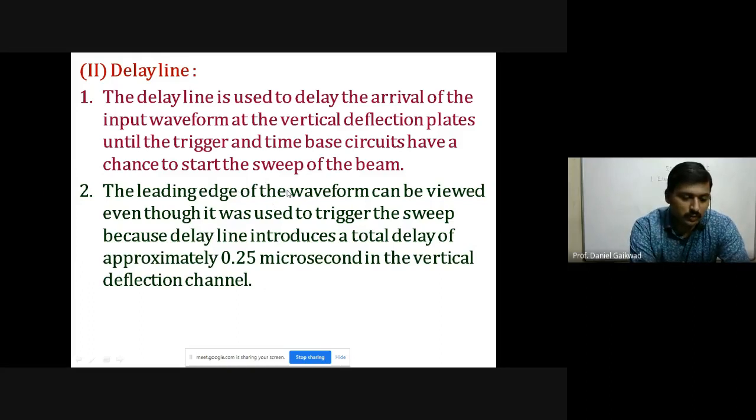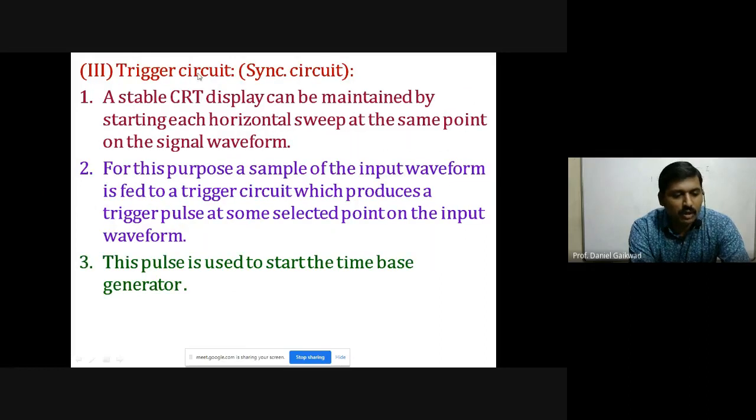Okay. Now the third part is the trigger circuit. A stable CRT display can be maintained by starting each horizontal sweep at the same point on the signal waveform. So this is the trigger circuit or sync circuit.